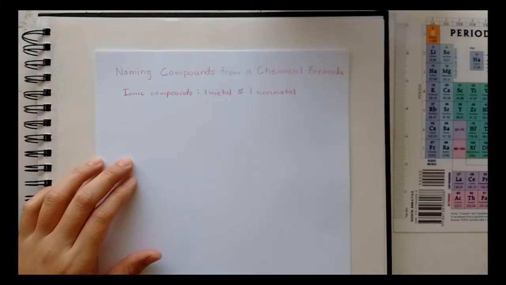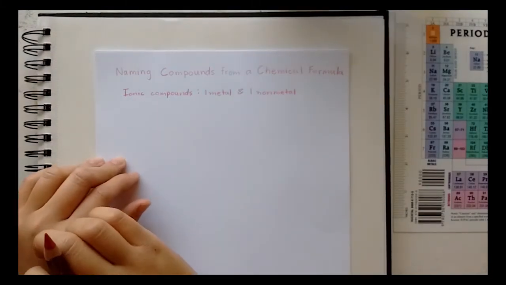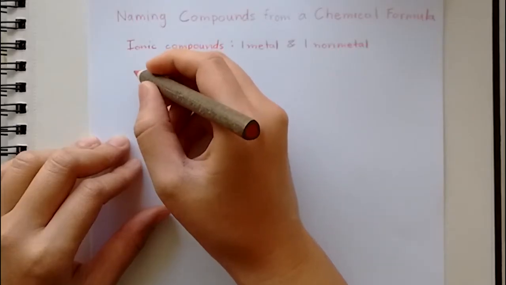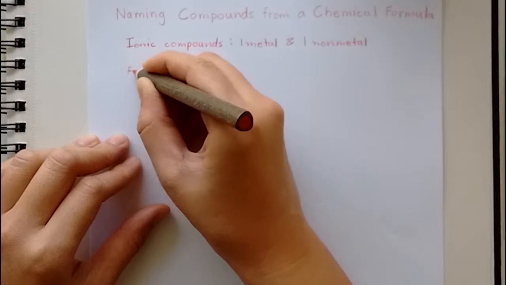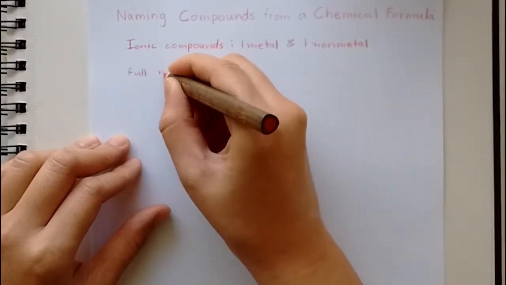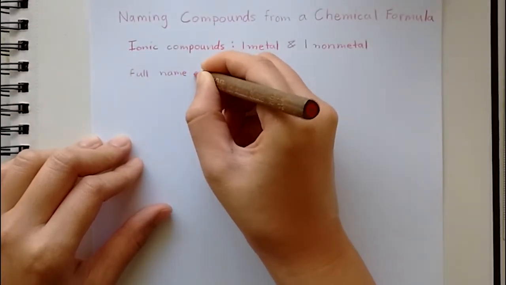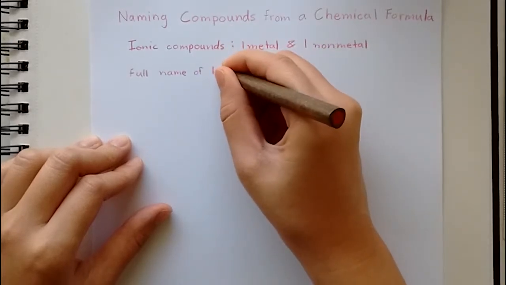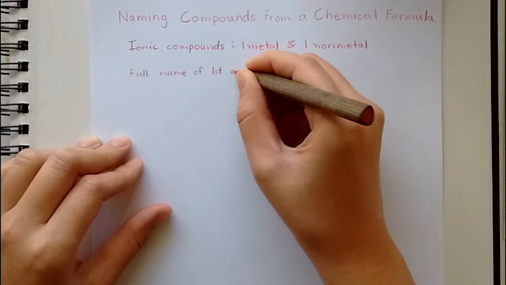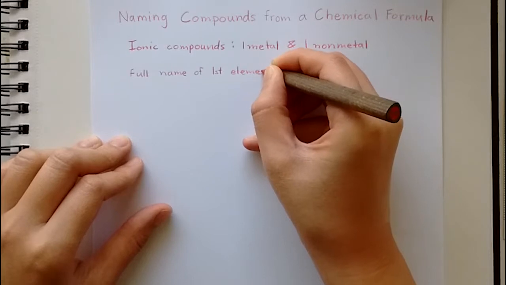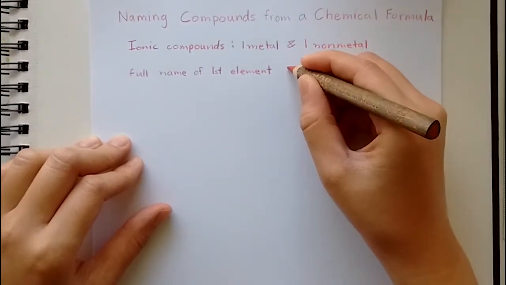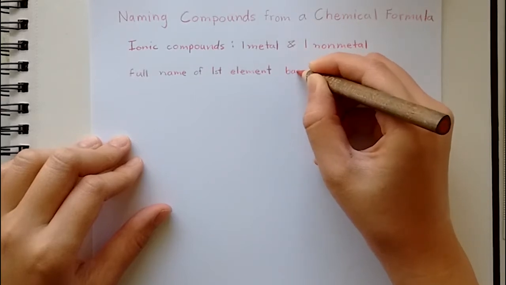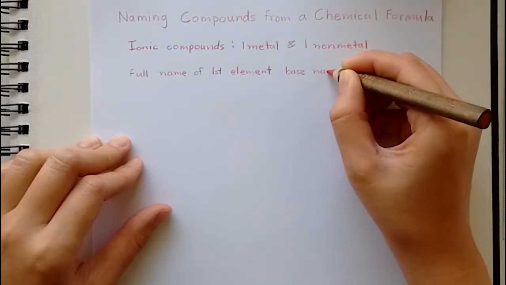All right, and then to name ionic compounds, we put the full name of the first element, and then we add the base name of the second element.